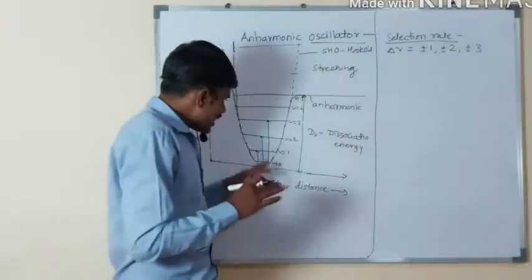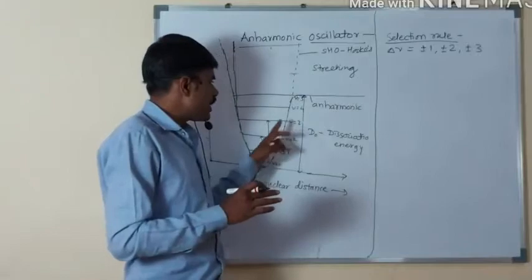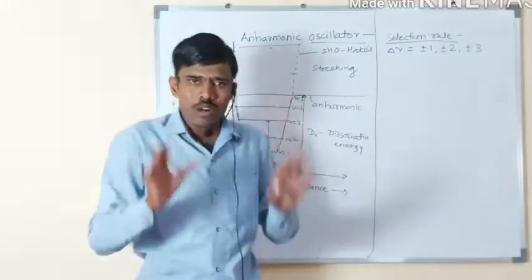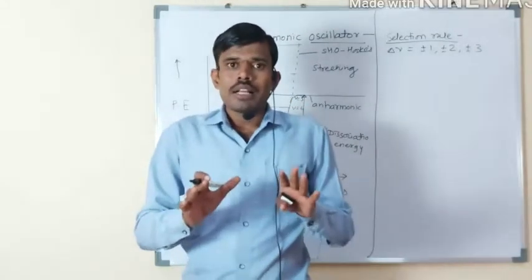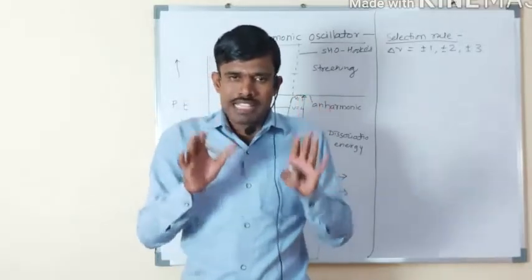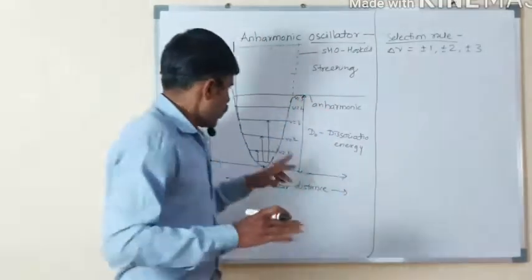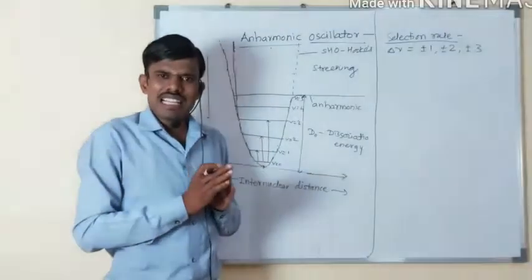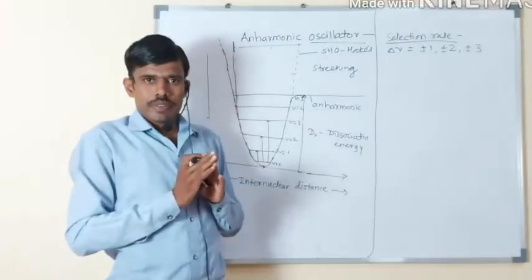Even though transitions from V1 to V2, V1 to V3 and V1 to V4 are allowed transitions, the number of molecules present in the V1, V2 energy states is very small.